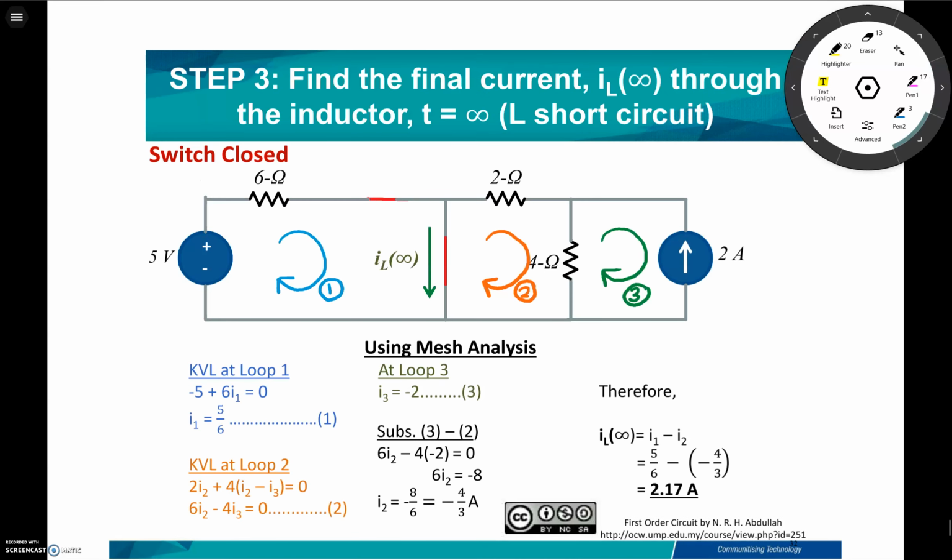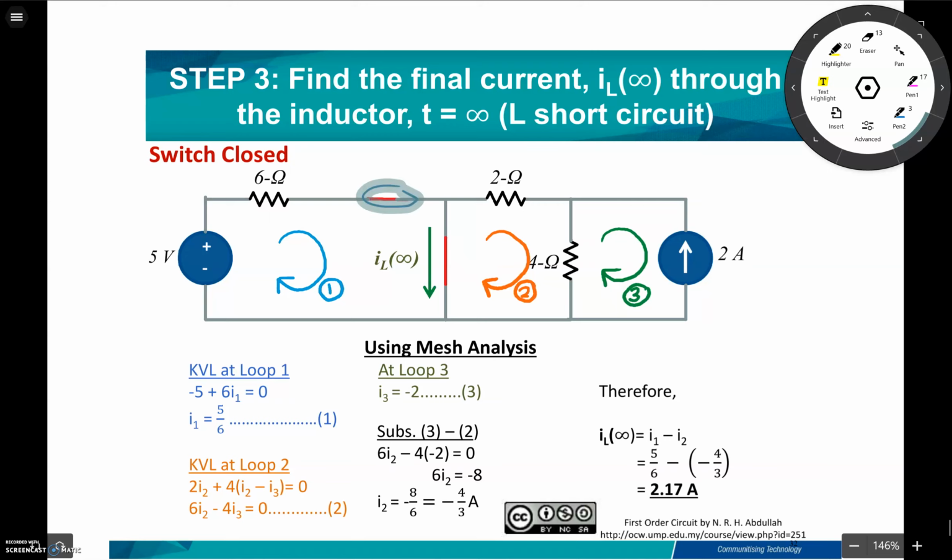Now, in step 3, you need to find the final current, which is IL infinity through the inductor at t equal to infinity. Previously the condition was t more than 0. Now, the switch is closed for a long time until infinity, and the inductor is short circuit. So you need to redraw the circuit by considering the L is short circuit here and the switch is closed.